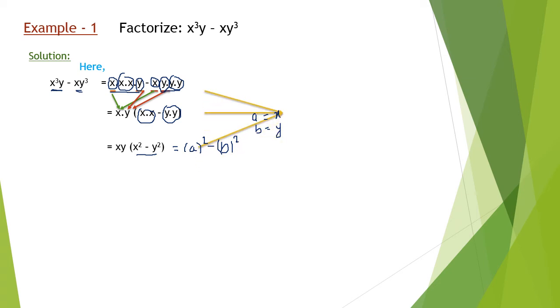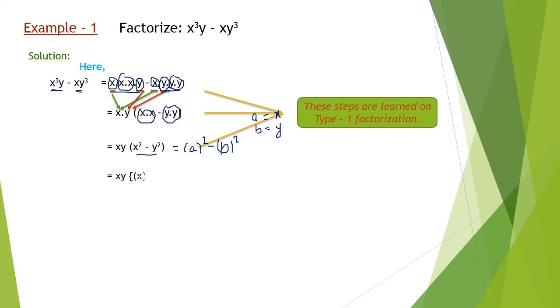Now see, these steps are learned in type 1 factorization. We have already learned this step in type 1 factorization, which is in the part 1 video. If you want quick access to the link to the part 1 video, it will be in the description. Now xy, we have to convert this, isn't it?